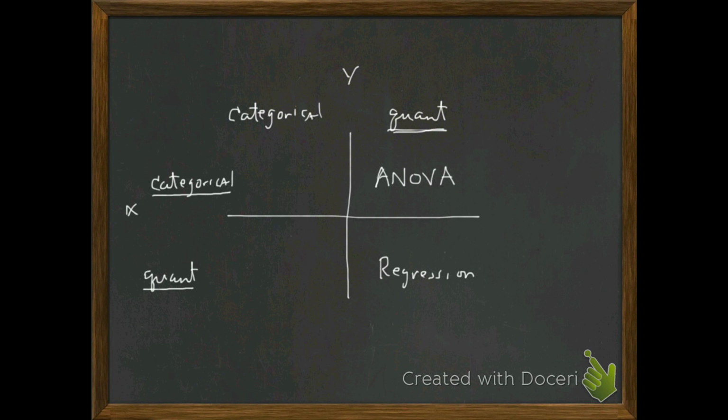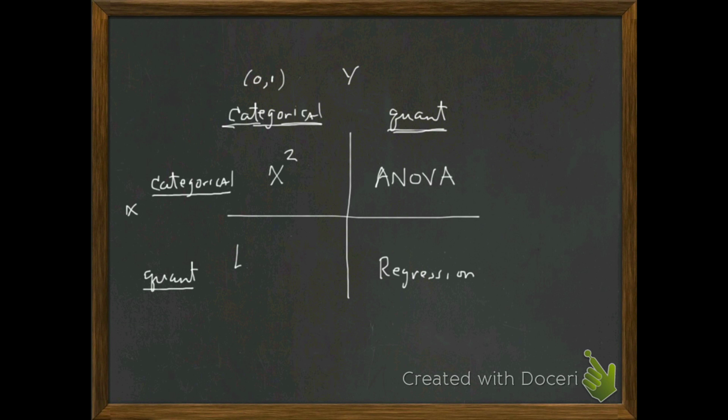Just for the heck of it, it doesn't really apply to this video, but what if y is categorical and x is categorical? In that situation, we would probably look at the relationship by conducting a chi-square. If the categorical variable is in zeros and ones, we could also use a logistic regression.